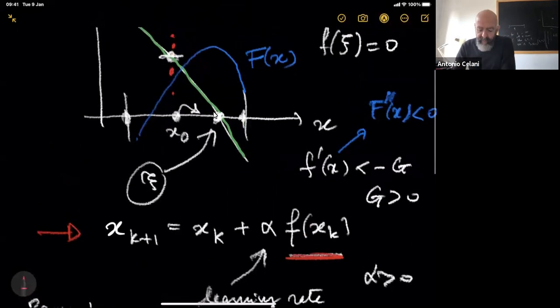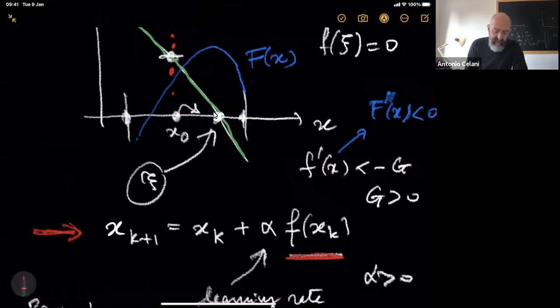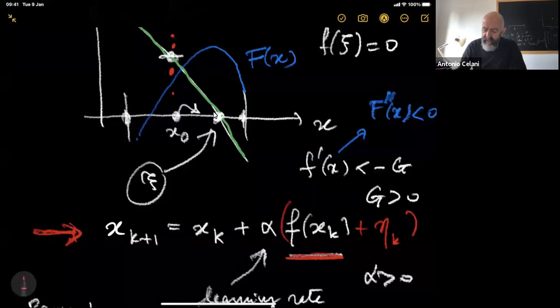So what kind of problem could arise when there is noise if we try to apply the same kind of algorithm as here? We are trying to use this algorithm, again, replacing the function with noisy estimates. So just like using this plus some noise at step K, which I'm not going to specify its properties so far, but let's say it behaves well, in the sense that it has zero mean and finite variance, but whatever else, I don't care.